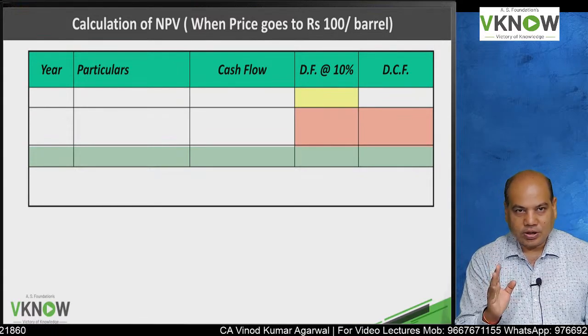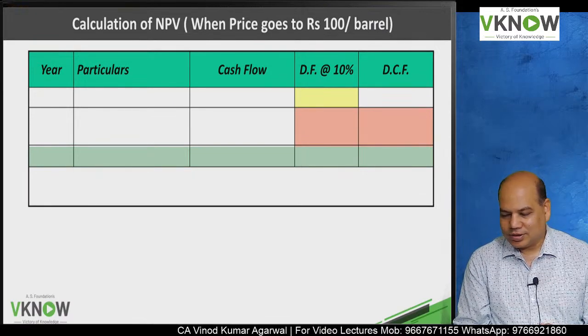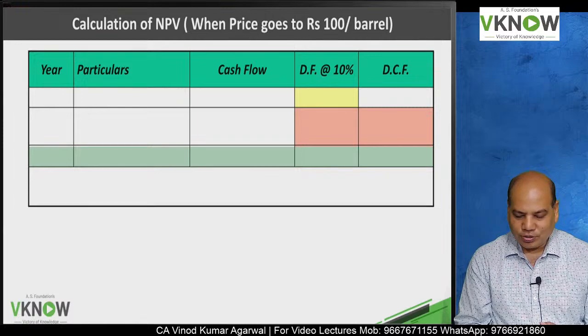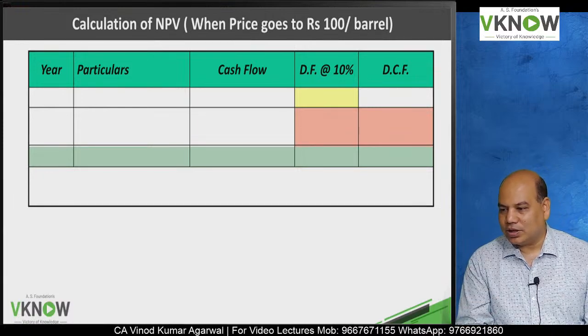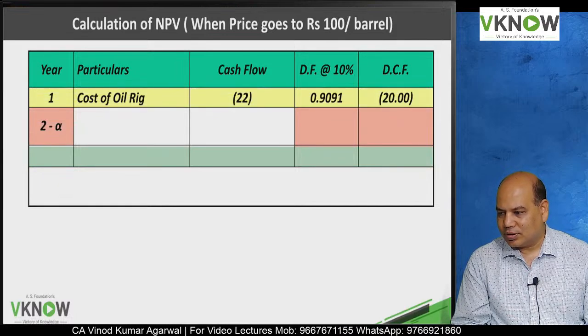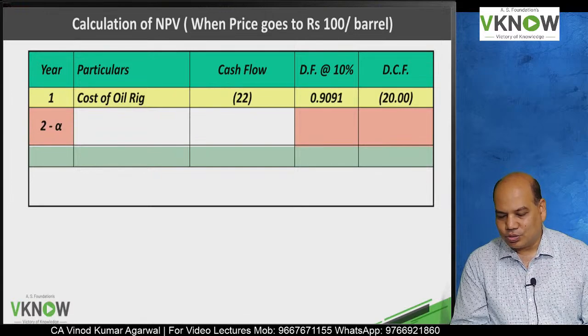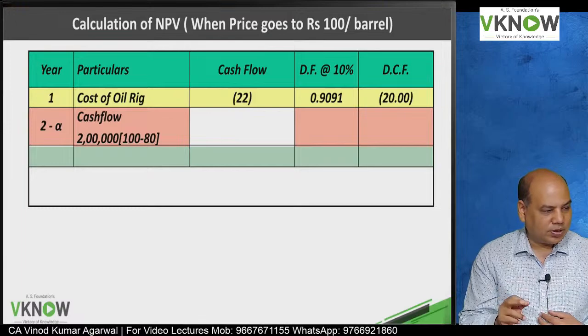Year, particulars, cash flow, discounting factor, DCF. Now you can do it yourself also. Same calculation, only number will change. Year 1, write down same figure. Year 1 same figure, 2 to infinity. This will change because now my price is 100 rupees.